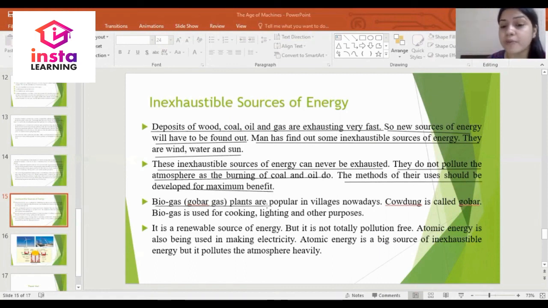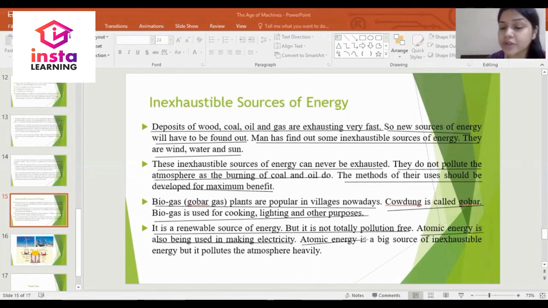Biogas plants are popular in villages nowadays. Cow dung is called gobar. So, biogas is used for cooking, lighting and other purposes. It is a renewable source of energy, but it is not totally pollution free. Dear student, atomic energy is also being used in the making of electricity.